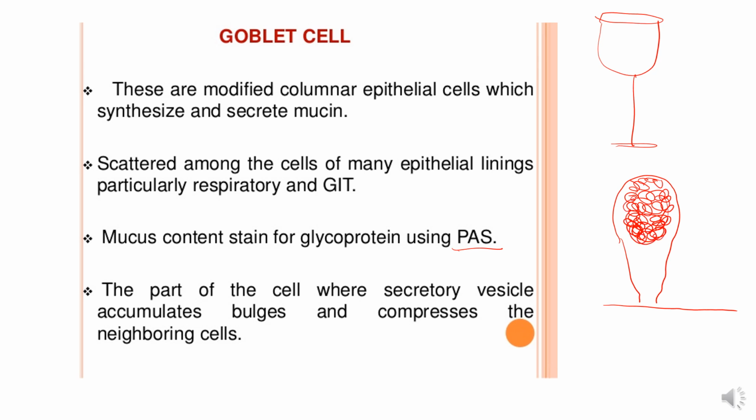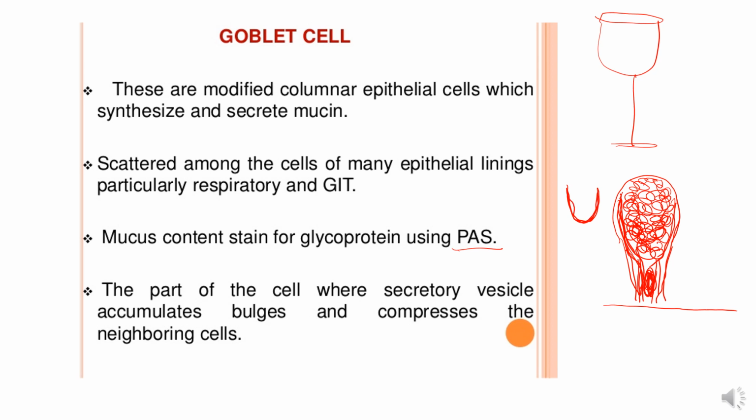So that's why its apical part bulges, where the secretory vesicles accumulate, while the lower part contains the nucleus and the other organelles, and there is a rim of cytoplasm in the periphery and the lower part. So that's why they appear goblet shaped.